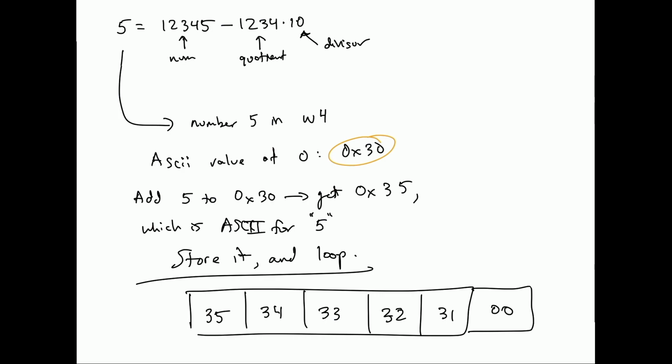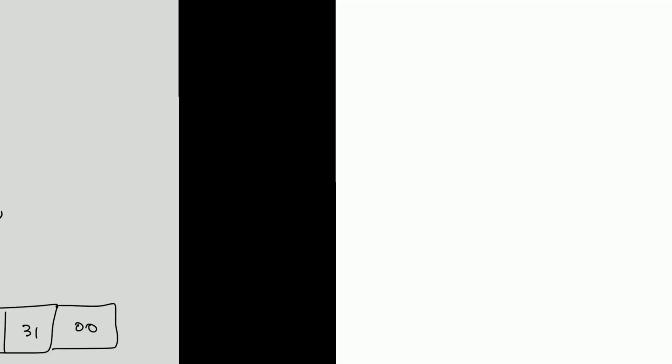Yes? Okay. Good. So if this is the process to go from an integer to a string, then the procedure to go from a string to an integer is going to be a lot of this, but in reverse. Okay? Because if I get, so let me flip over to a new page.